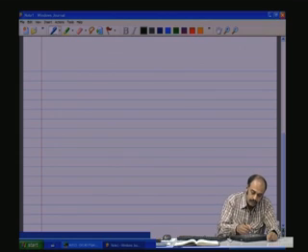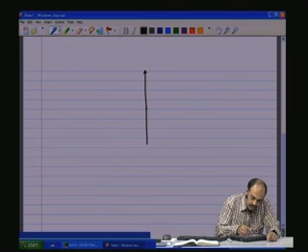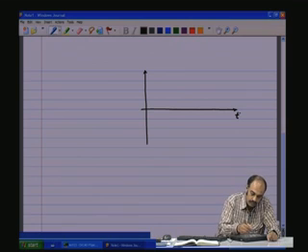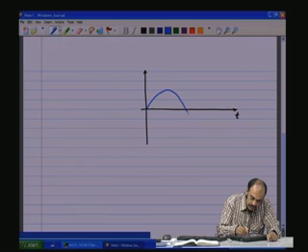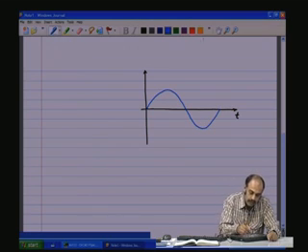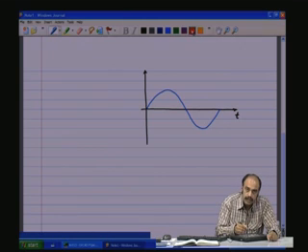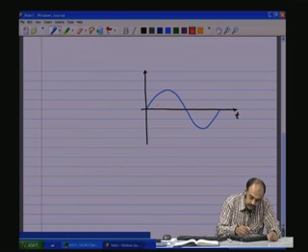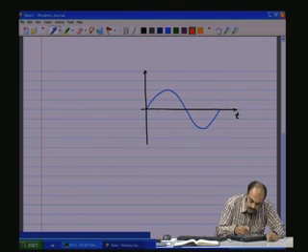Now, if I am having, in the temporal coordinate system, one waveform which is shown in the blue line like that, and let there be another waveform, and let me put it phase shifted like that, and let me draw the sine wave, and the amplitude is also different.